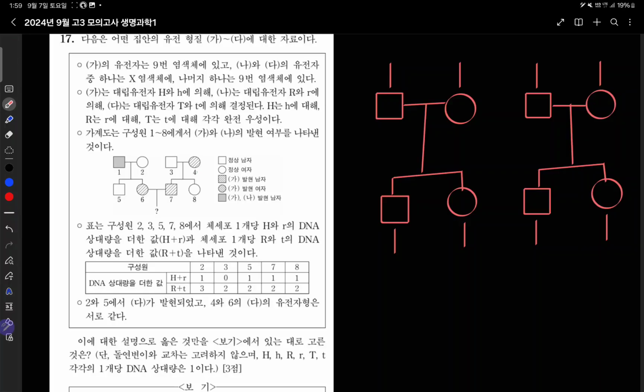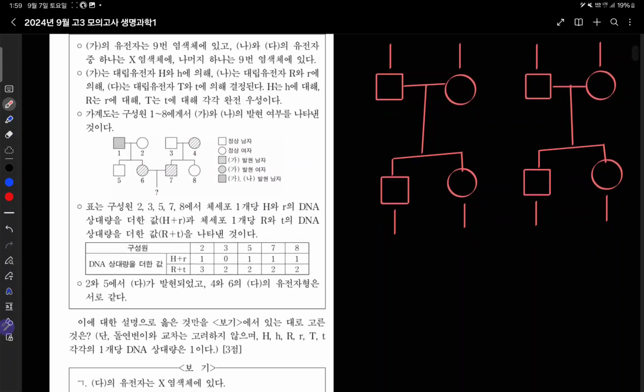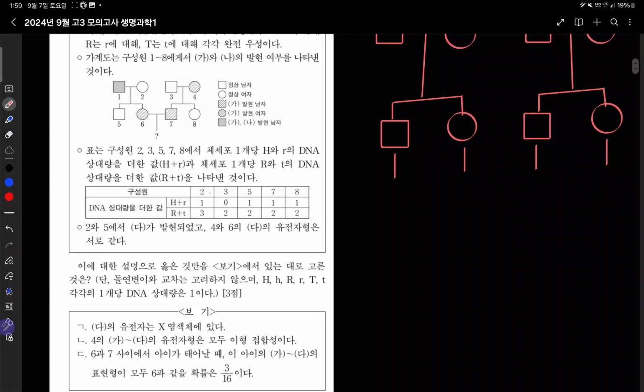Individuals number 4, 6, and 7 have the first trait. And the table shows the number of alleles in individuals number 2, 3, 5, 7, and 8.